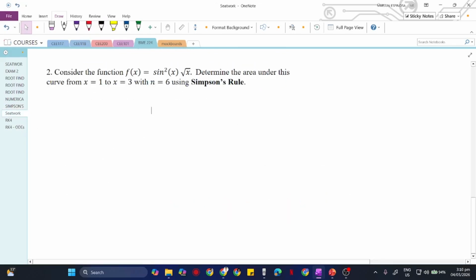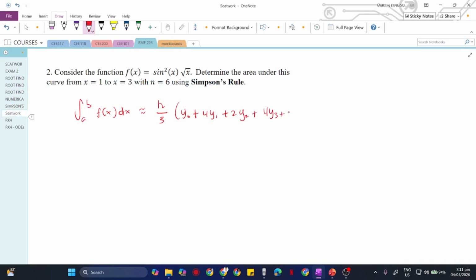The integral from a to b of our given function f of x dx is approximated to h over 3 of y sub 0 plus 4y sub 1 plus 2y sub 2 plus 4y sub 3 plus 2y sub 4, so on so forth until makarating tayo sa y sub n. Okay, yan yung formula natin.